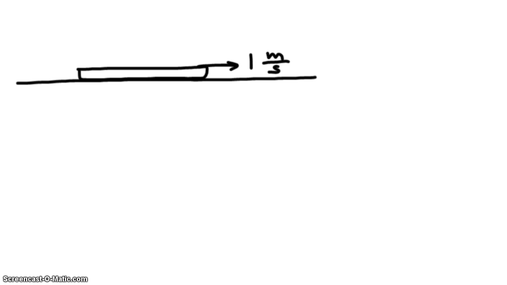There's a person, you see Justin Bieber, so you think, at the other side of the walkway, so you're running toward Justin Bieber. And what's your velocity? Let's do the velocity in a different color. Your velocity is 5 meters per second. And again, 1 meter per second for the walkway.